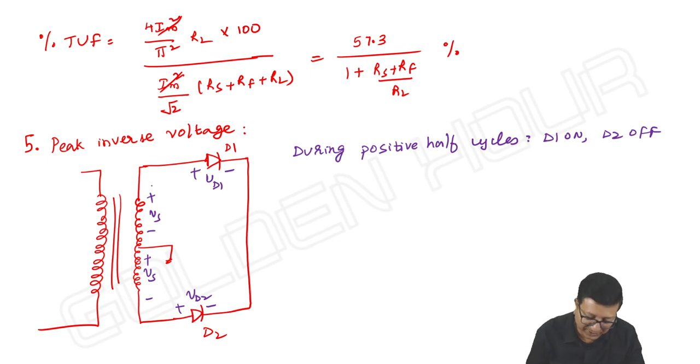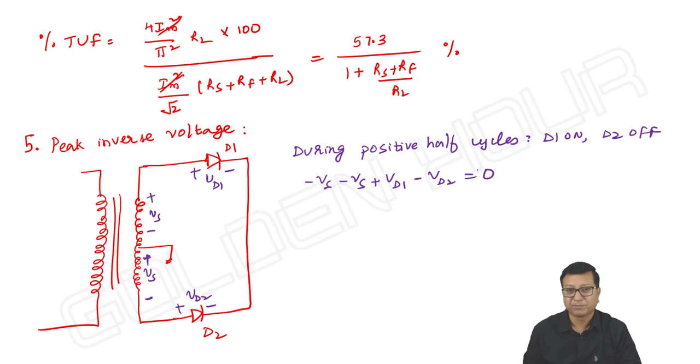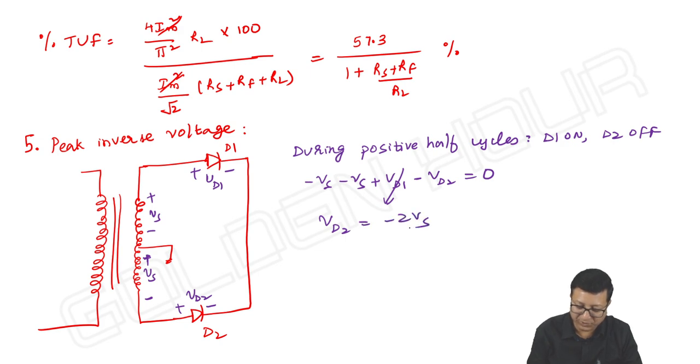If I take this loop equation, what we get here: minus Vs, I'm taking polarities like this, minus, plus, plus VD1 and minus VD2 is equal to 0. And neglecting the drop across the diode D1, VD2 is equal to minus 2Vs. Means the entire secondary voltage can be seen across the diode D2, which is acting like open circuit.